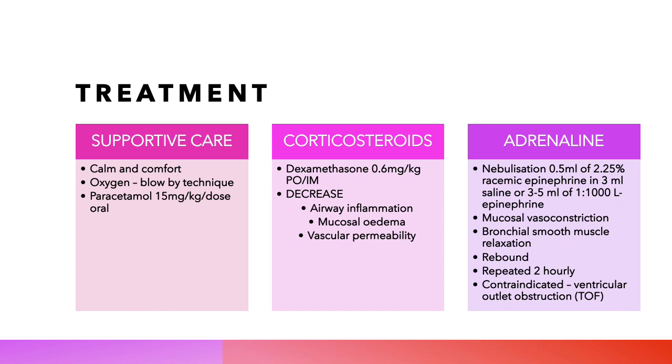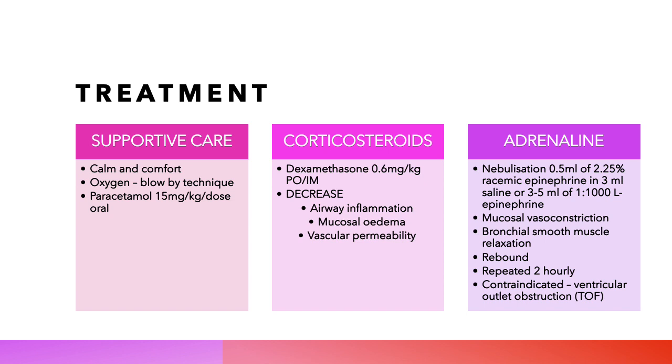The use of nebulized adrenaline, either racemic or levoepinephrine, is effective for treatment of laryngotracheobronchitis. Adrenaline acts through alpha adrenergic receptors and causes mucosal vasoconstriction and bronchial smooth muscle relaxation, resulting in decreased subglottic edema and decreased airway narrowing.